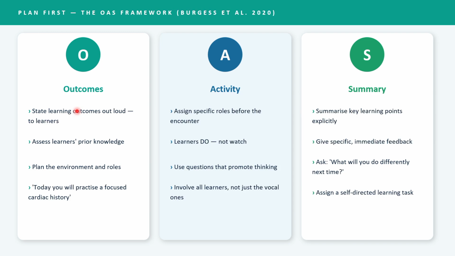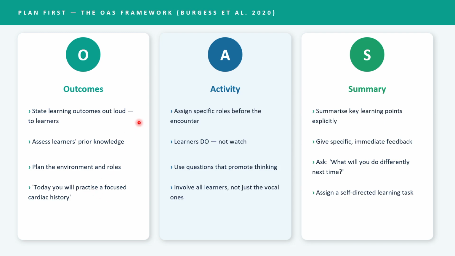We have to assess the learner's prior knowledge, and we have to plan for the environment, as we explained, considering the 4 domains of the learning environment in the clinical setting. I encourage you to go back and watch the Introduction to Clinical Teaching video, in which we explain the learning environment. And in a direct way, you should inform the learner that today you will practice a focused cardiac history, for example.